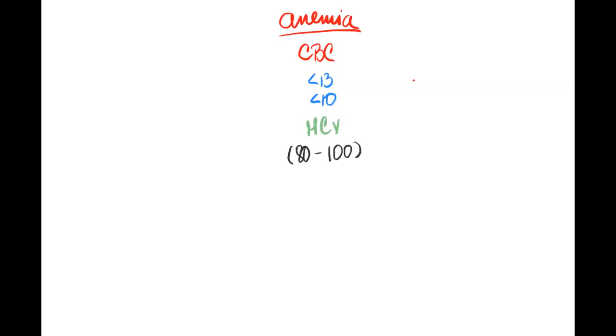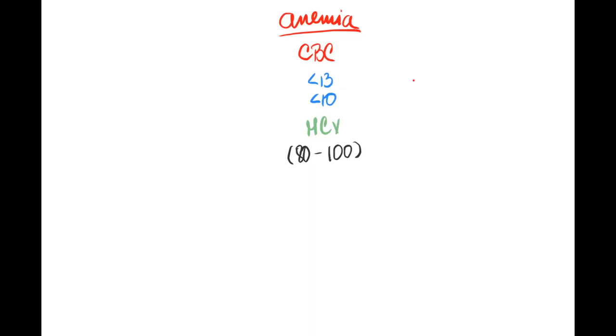But if the patient has a number different from this range, we are able to say that the patient has an issue. If we put together the CBC with the MCV, we are able to classify the anemias.